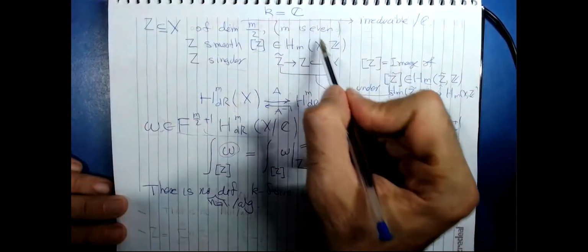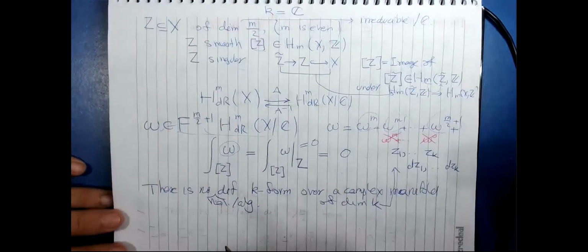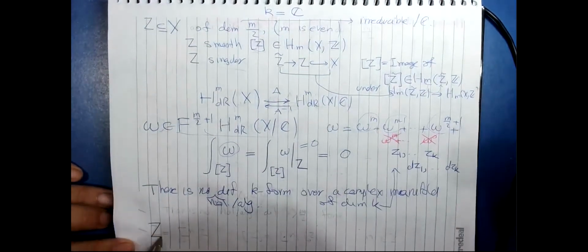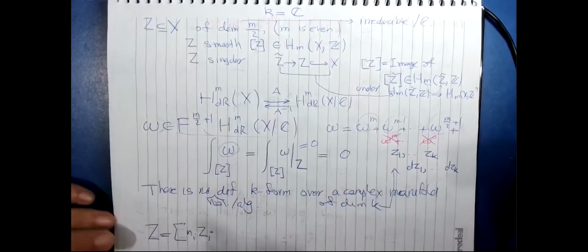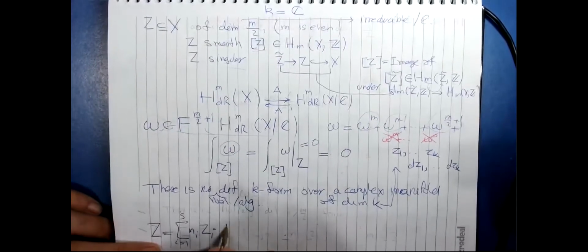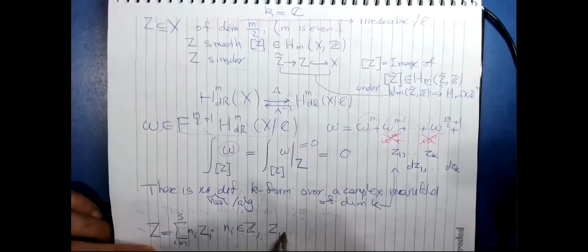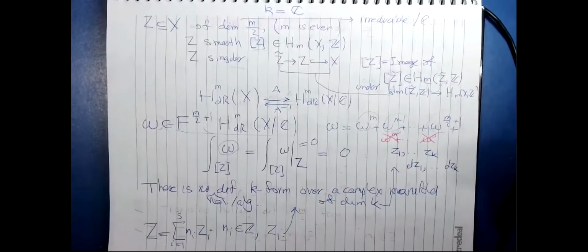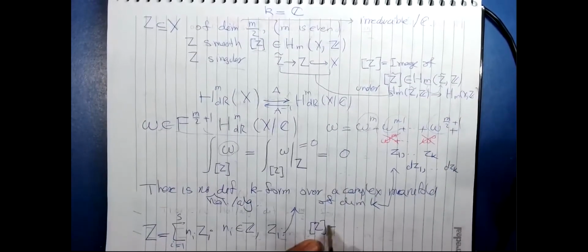So I assumed that my algebraic cycle Z is irreducible, but actually this is not necessary. We can take an algebraic cycle sum of n_i Z_i, with i from 1 to s, where the n_i are integers and the Z_i are as above. And it turns out that for this one also we can define the homology class.